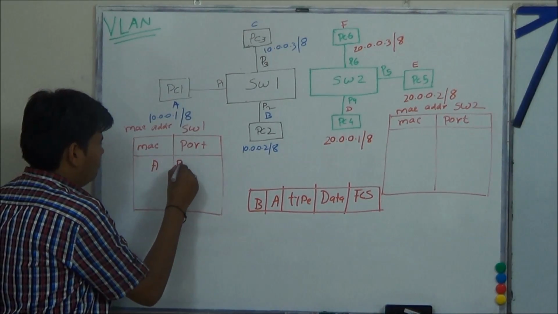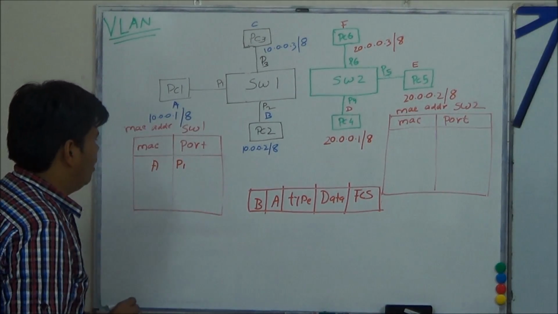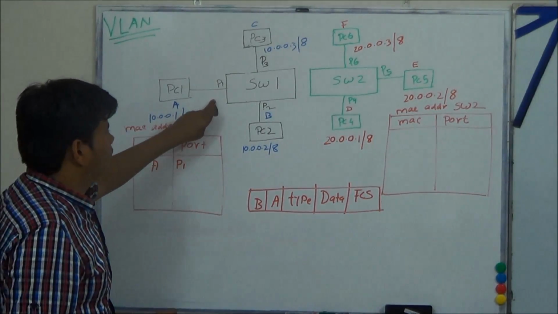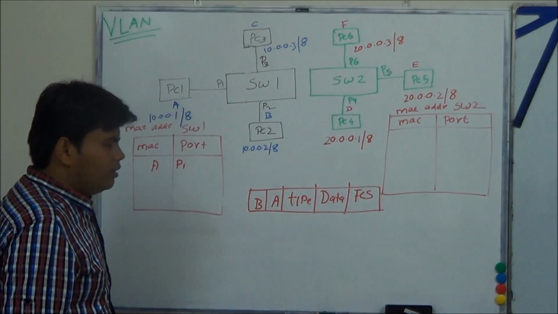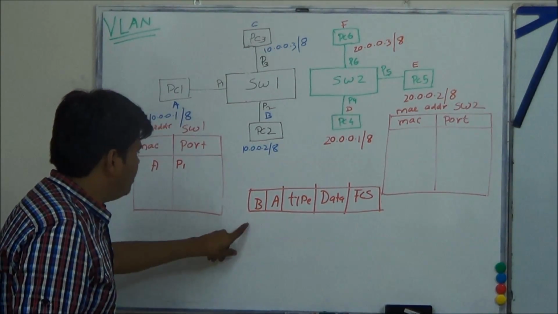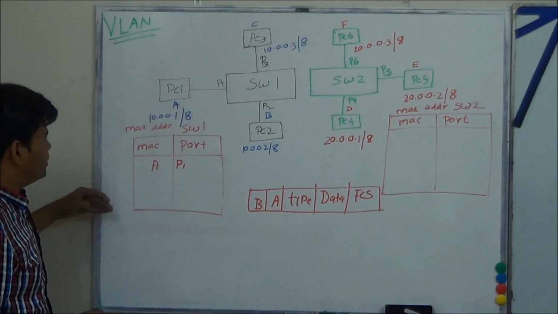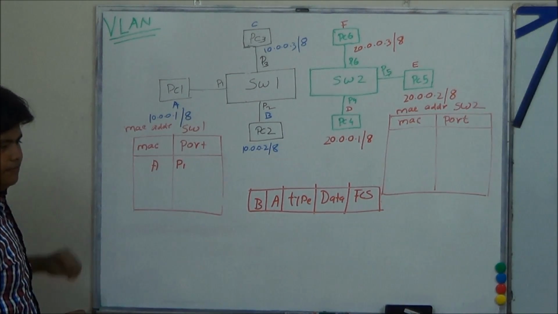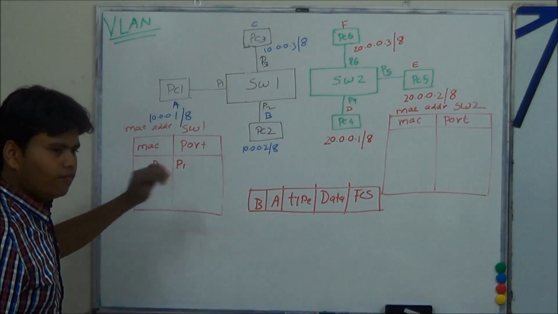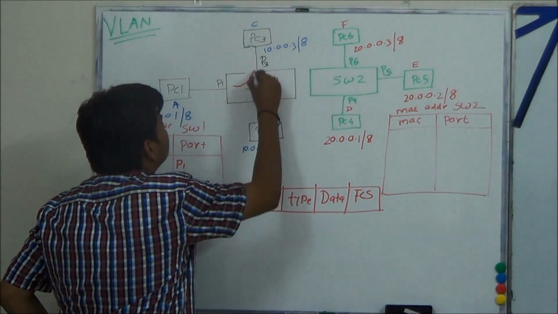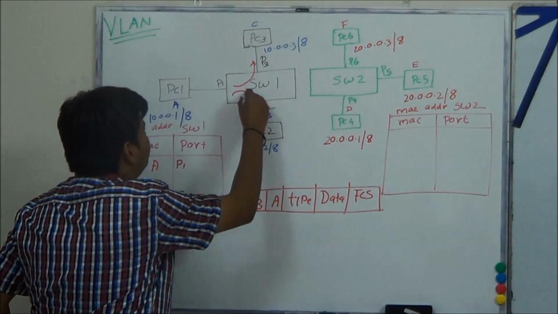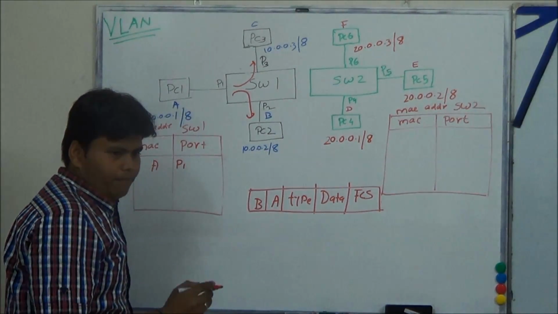Now the second step: switch 1 will check the destination MAC address of the frame, which is B, in its MAC address table. It is not present, so it will flood the frame towards PC3 through port P3 and PC2 through port P2.